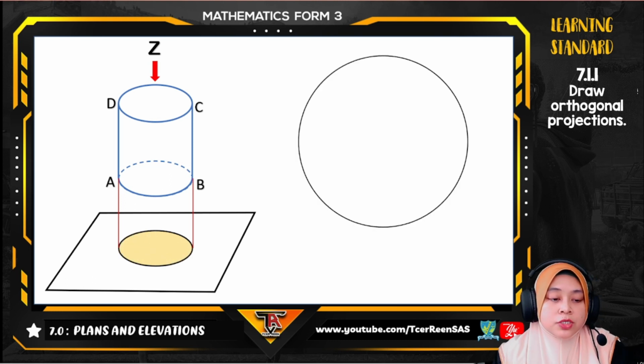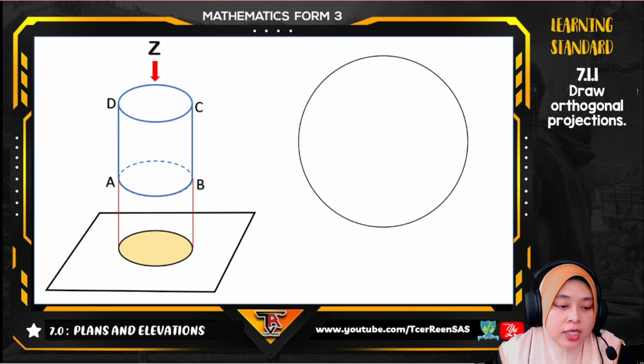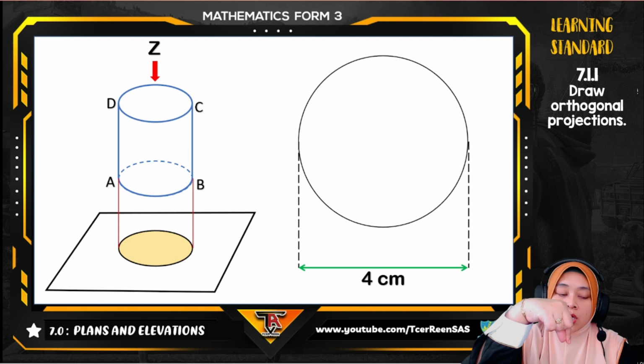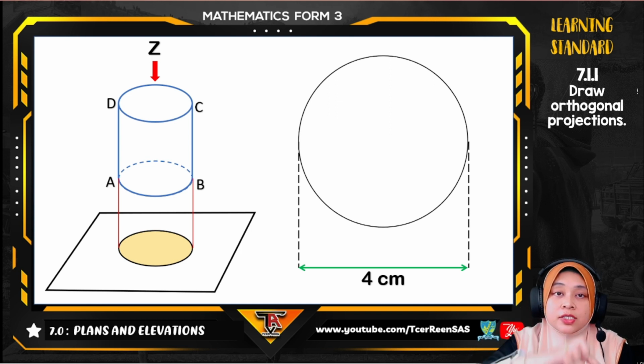To draw a circle, you need to use your compasses. Open the compasses for how many cm? 2 cm, because the diameter is 4, so you open the compasses for 2 cm, the radius, and draw the circle.